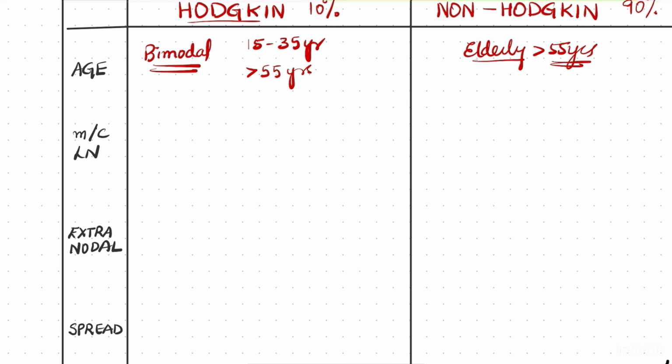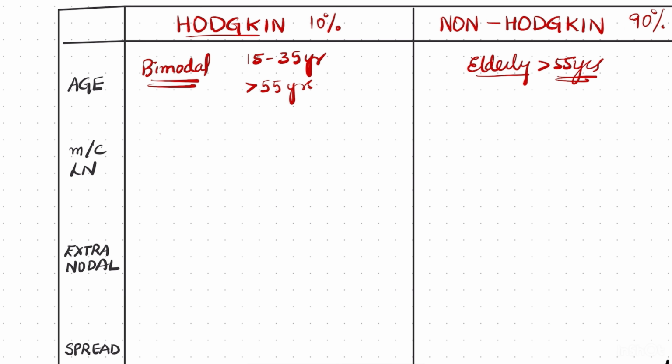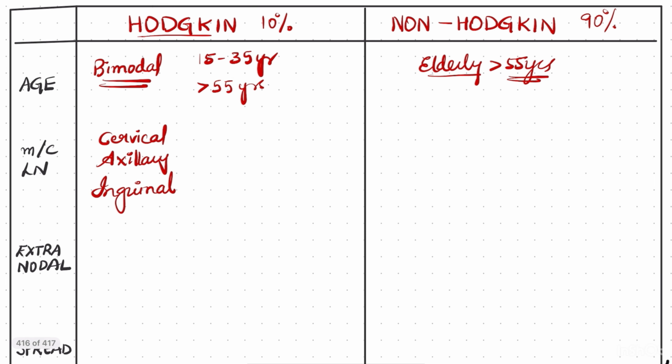The most commonly affected lymph nodes in Hodgkin's lymphoma are the cervical, axillary, and inguinal groups. In non-Hodgkin's, it is the deep-seated ones like Waldeyer's ring and the mesenteric lymph nodes.